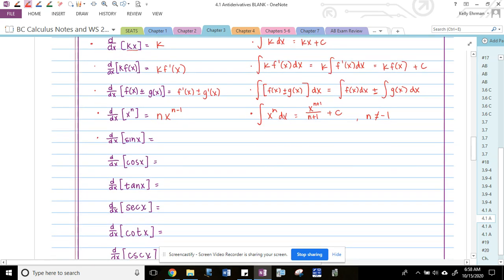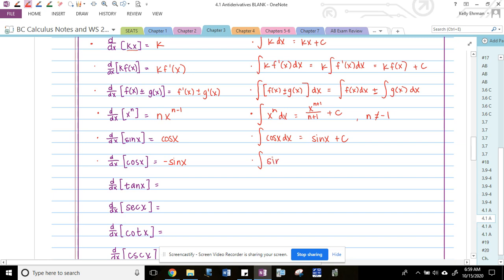All right, we know the derivative of sine x is cosine x. So going backwards, I know that the integral of cosine x dx is equal to sine x plus c. And I know that the derivative of cosine x is negative sine x. So when I take the integral, I'm going to be careful here. I'm not going to take the integral of negative sine x.